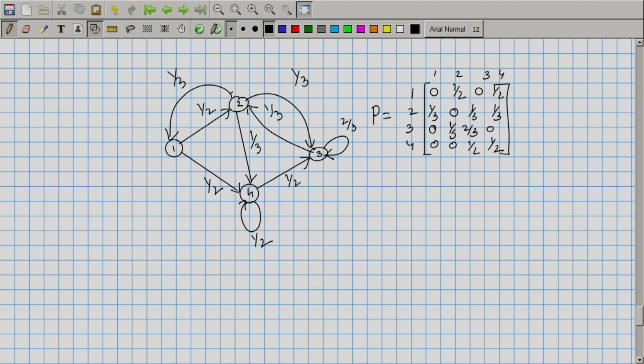Okay. So, this is our transition probability matrix for this particular Markov chain.